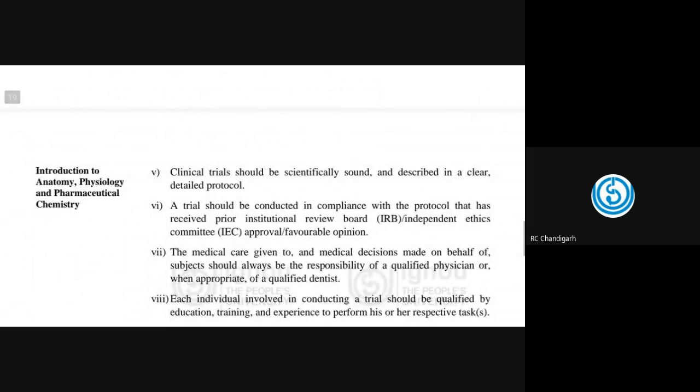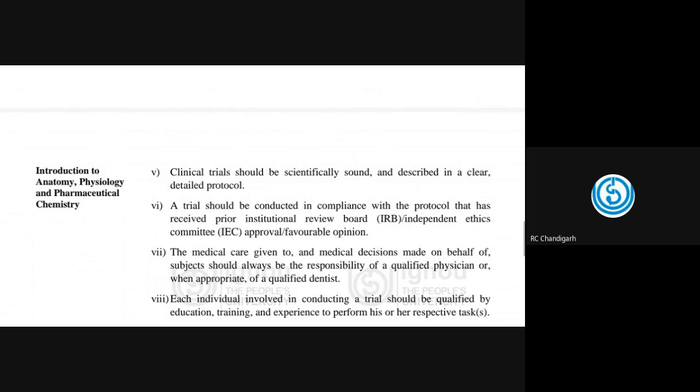The available non-clinical and clinical information on an investigational product should be adequate to support the proposed clinical trial. Clinical trials should be scientifically sound and described in a clear, detailed protocol.